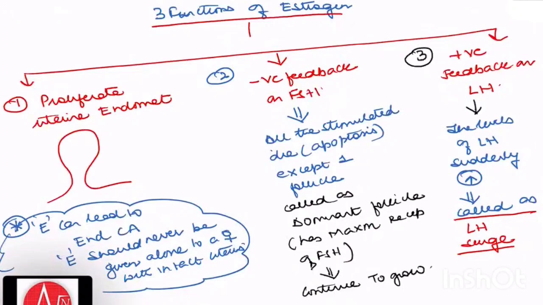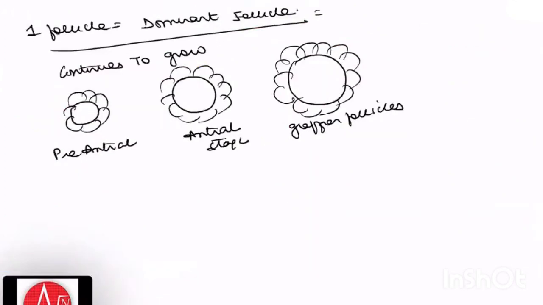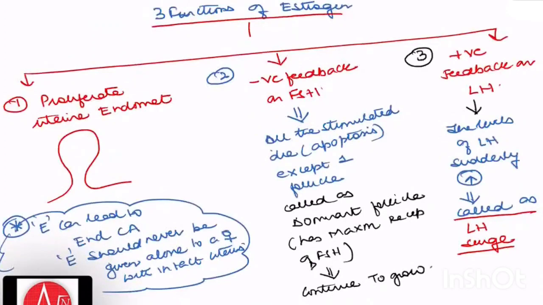And ovary में ये follicle बड़ा होता जा रहा है and वो various stages से pass कर रहा है, like preantral, antral and Graafian. Simultaneously क्या हो रहा है? Simultaneously, estrogen had a positive feedback on LH, because of which the levels of LH had suddenly increased, which was called as LH surge.